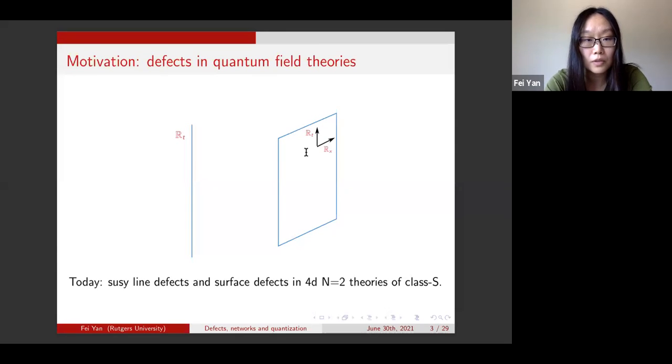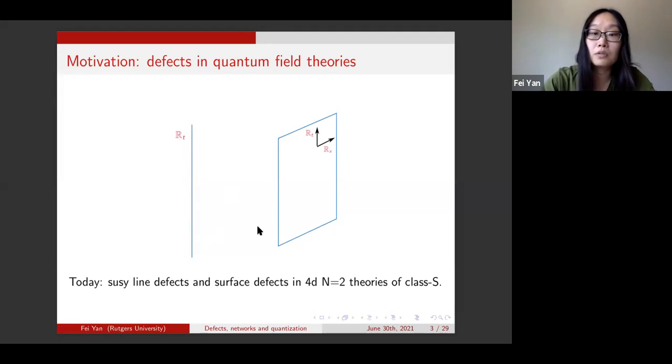So for example, you could consider a line defect, which say extends along the time direction. Notable examples are Wilson-'t Hooft lines in gauge theories, and they're very important observables as, for example, they could tell you the global form of your gauge theory, and they could also be used to distinguish different phases of your gauge theory. And one could also consider defects of higher dimensions.